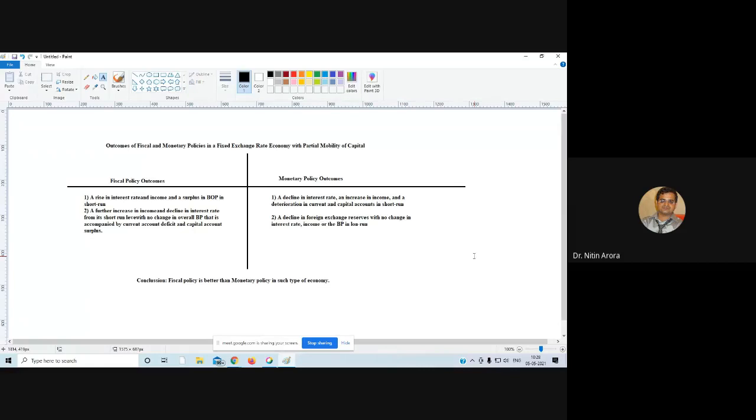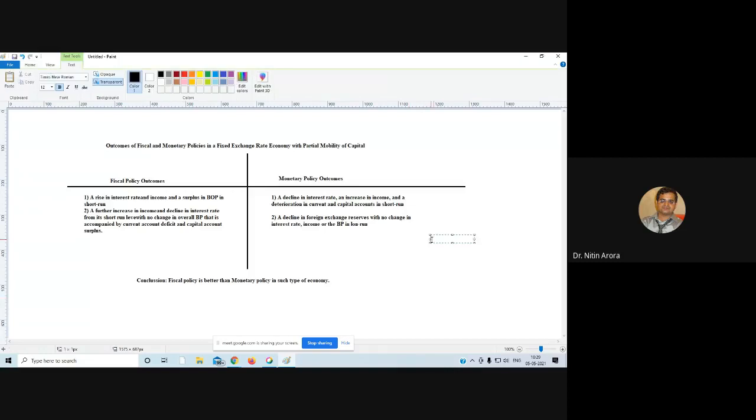So if you have to decide, suppose there are three objectives: number one, stable or fixed exchange rate. Number two, monetary policy sovereignty or effectiveness.